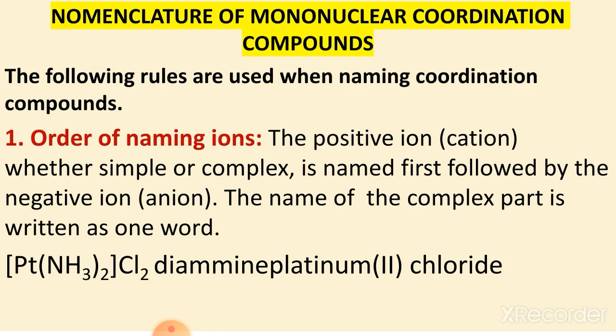Here there are 2 ammonia, so we write di. Ammonia is named as ammine. I told you that in complex compounds, the name of ammonia is ammine. Here the complex part is positively charged, so you can write the name as such, Pt platinum. So the name of this complex is diammineplatinum.